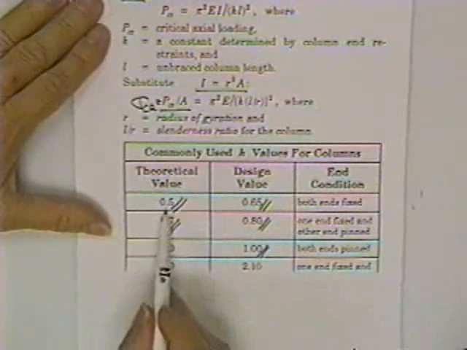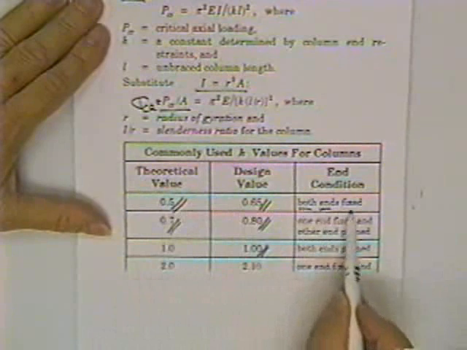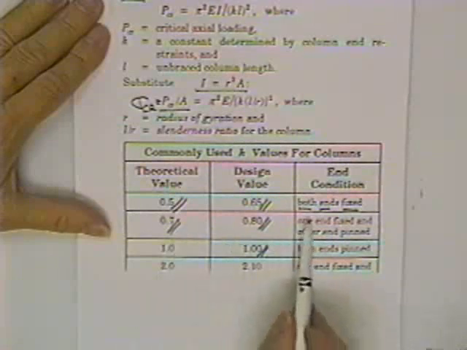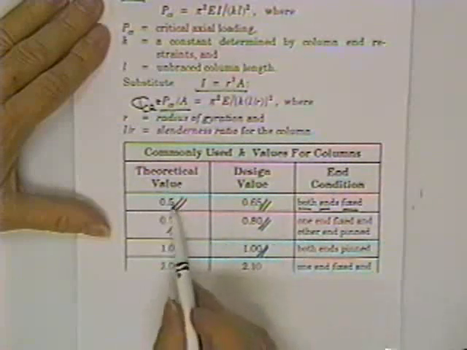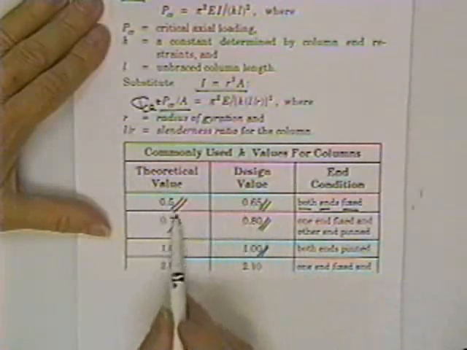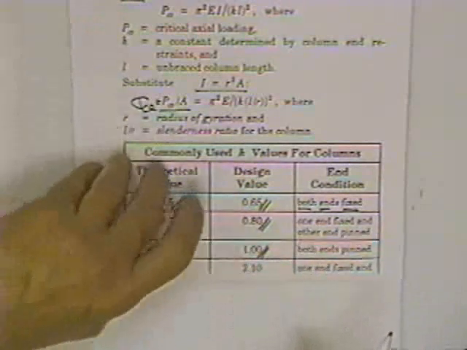This is theoretically exact. The problem is they find you can't really get both ends fixed very easily. It's very difficult to do. Since there's always a little looseness in it, this K is not as advantageous as you think. The lower this number is, the more load the column appears to hold.